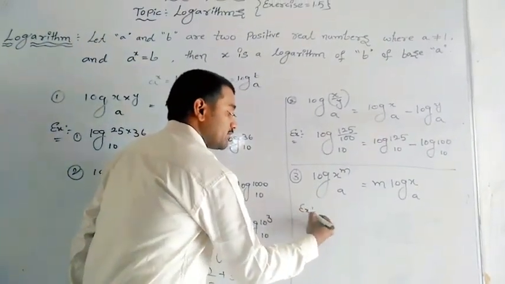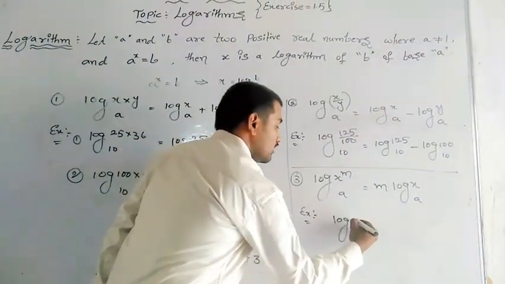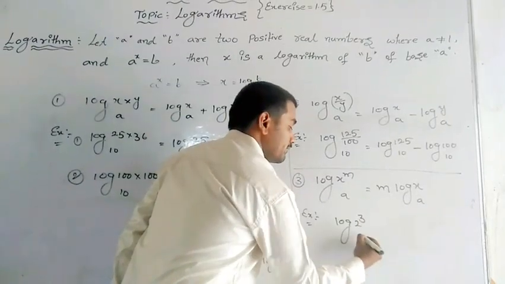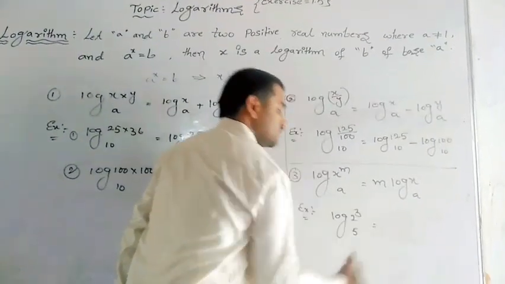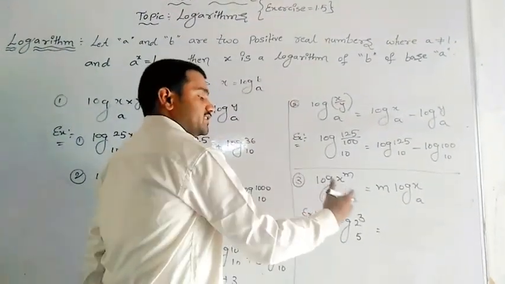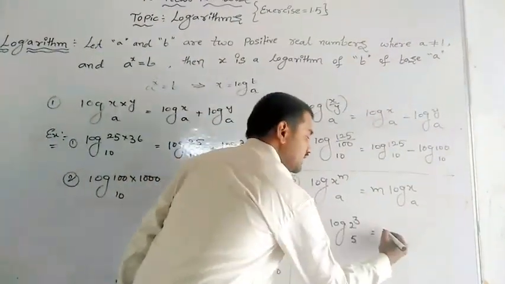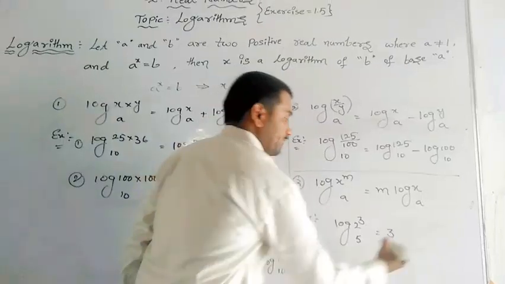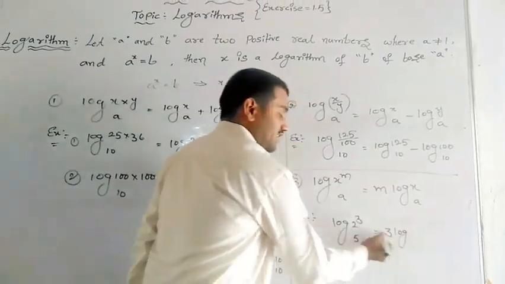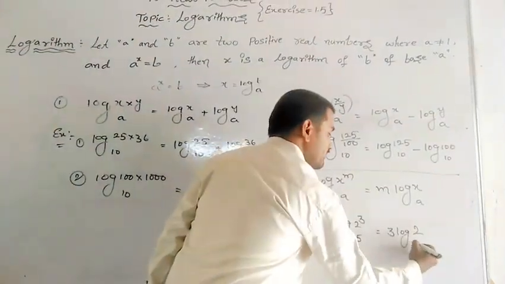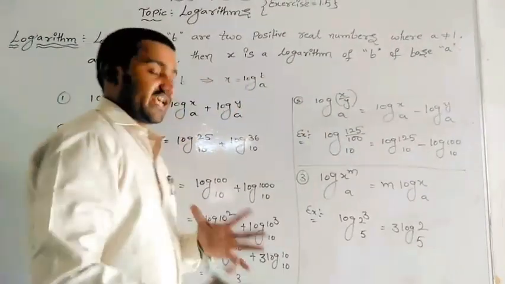Let me tell you some examples on this. Log 2 to the power of 3, base 5. Suppose the base is anything. If there is no base, normally we use 10. So this 3 will come in front according to the formula m, that means 3 log 2 base 5. Yes, exactly what you guessed.